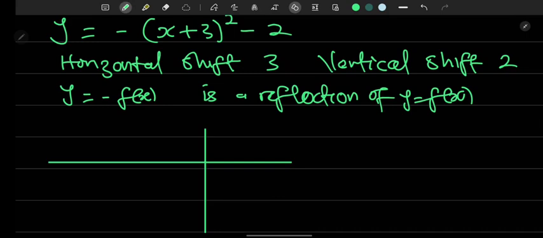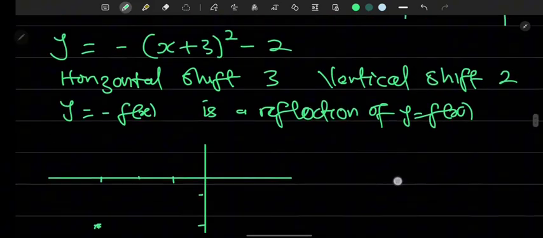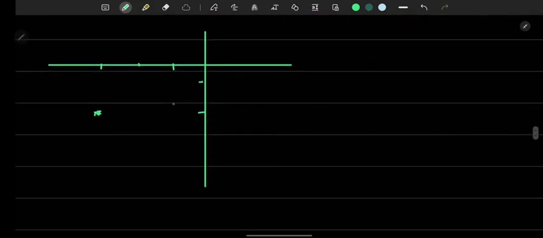Let's start with the horizontal shift: 1, 2, 3, because it's 3 units to the left. Then minus 2 here, which is a vertical shift, 2 units down: 1, 2. This implies that the vertex of the given function is here. Now because you have a minus here, it opens down, and we have something like this.